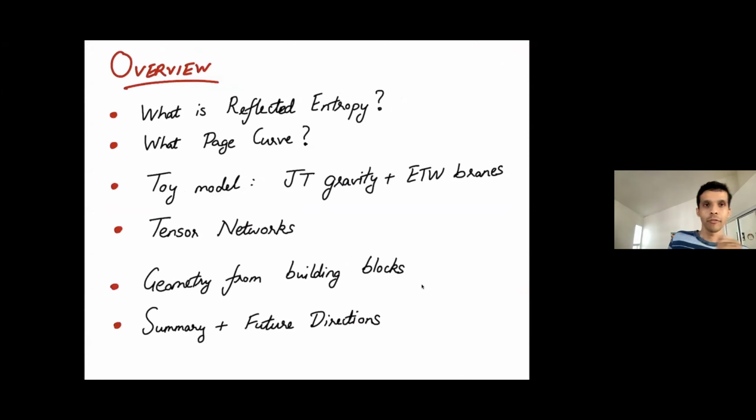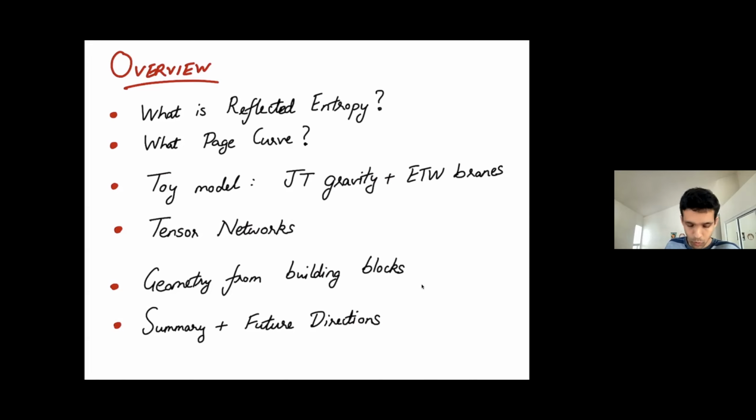Okay, so let me just give you an overview of what I'll talk about. The first thing I'd like to tell you about is the key player in this talk, the reflected entropy. I'll first review certain facts about reflected entropy and how we think about it holographically. Then I'll discuss what Page curve we're talking about here, which is this phase transition in the reflected entropy.